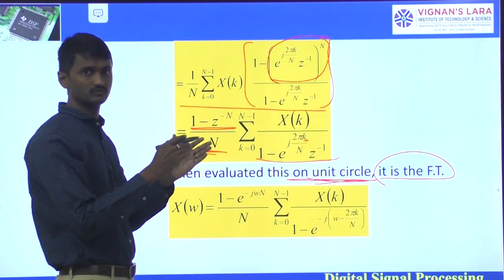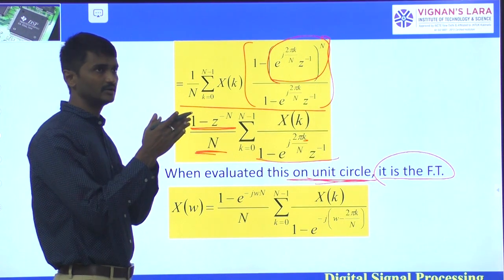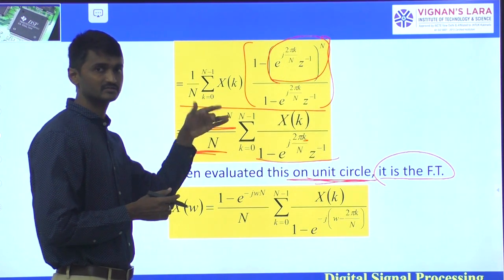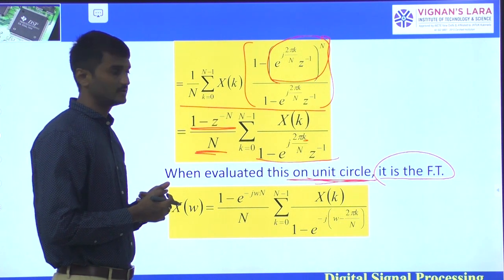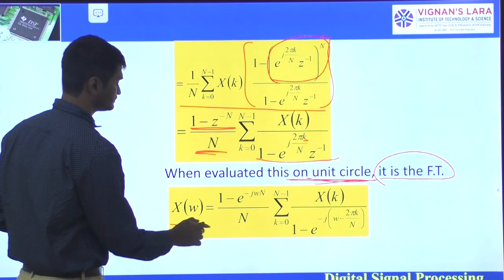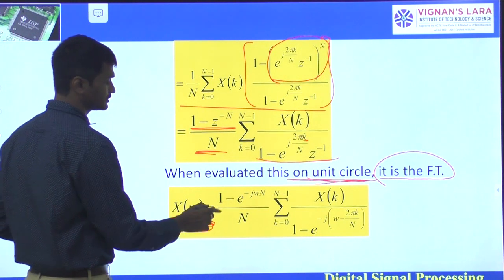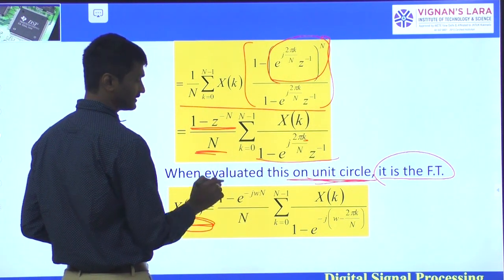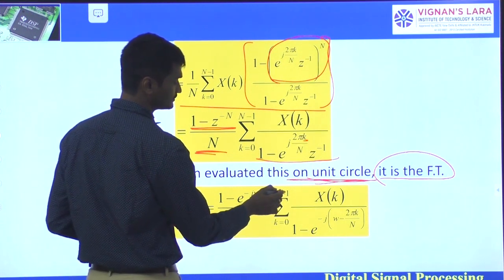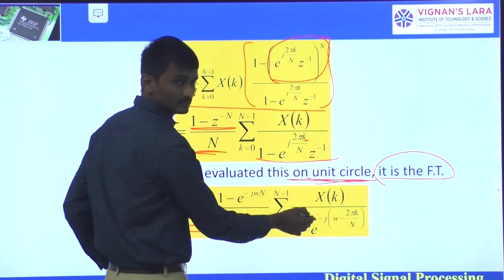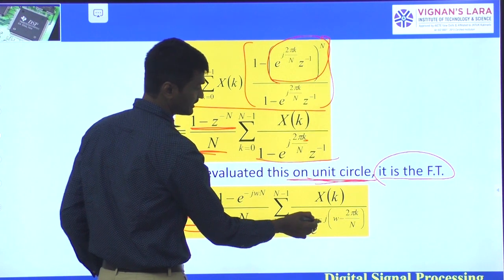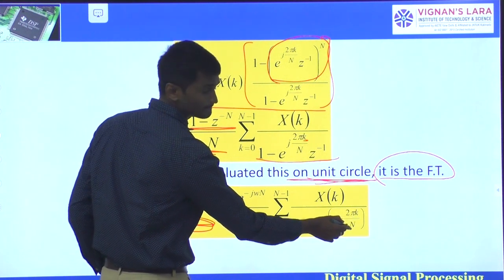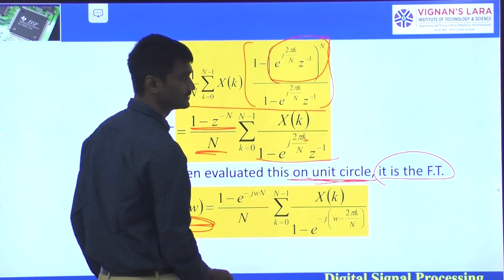So the Z transform and DTFT are equal on the unit circle, because the radius equals 1. In that case, the Fourier transform is 1 minus e power minus j omega N by N, sum over k equals 0 to N minus 1 of X of k by 1 minus e power minus j into omega minus 2 pi k by N, because the exponentials are there.